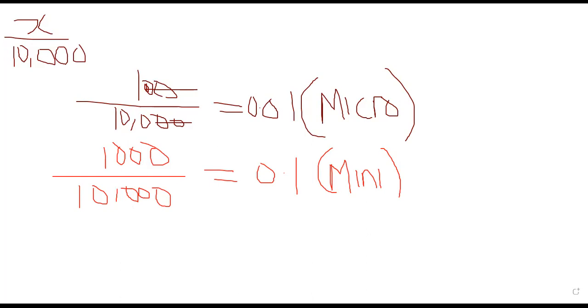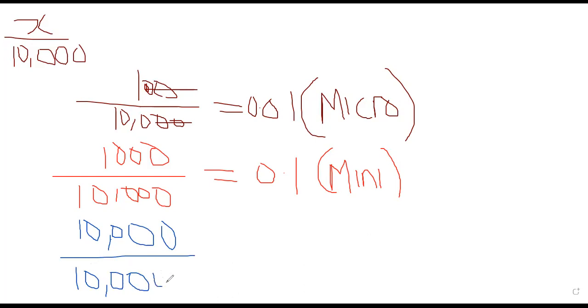Now, the next one will be what? $10,000 over 10,000. So 10,000 over 10,000 is what? 1.